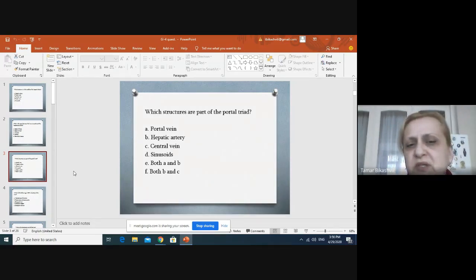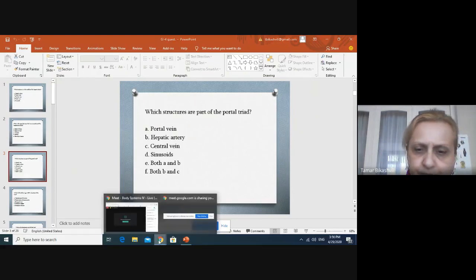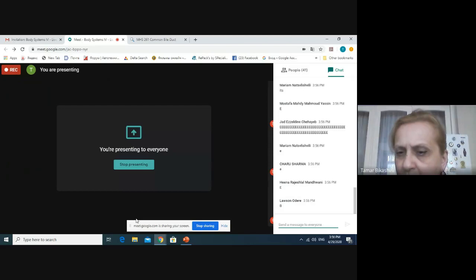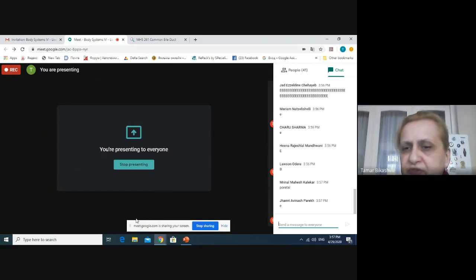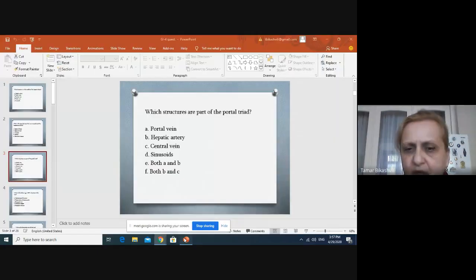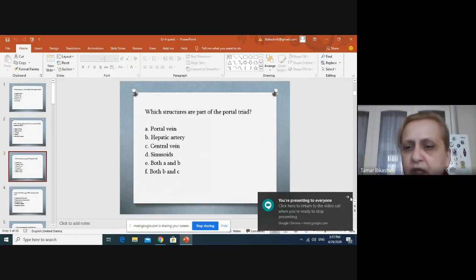The next question: which structures are part of the portal triad? Portal vein, hepatic artery, central vein, sinusoids, both A and B, or both B and C? I have received two different answers, E and B. E is correct.